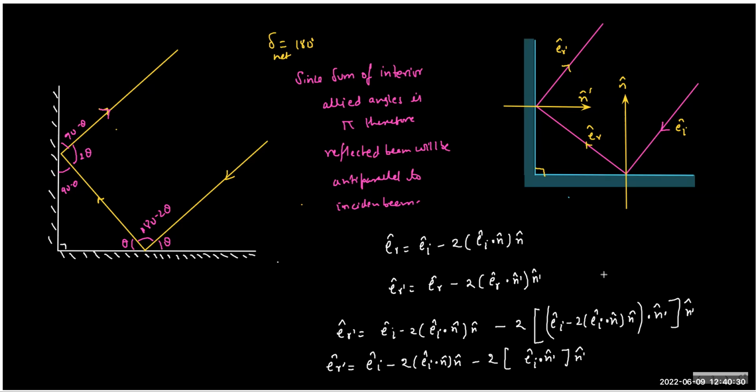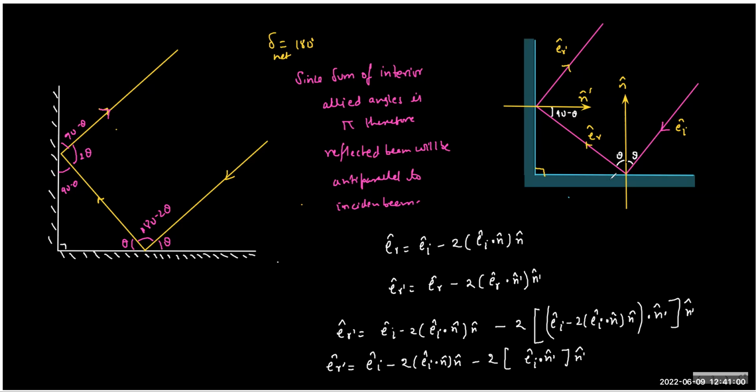So basically, if you look carefully, if I choose some angle, because I think this angle is required, if I choose the angle as theta, so this will be 90 minus, right? So what is the angle between EI and n?